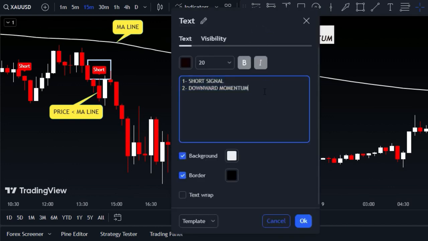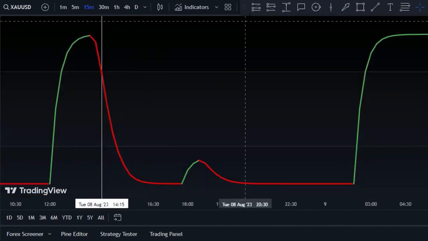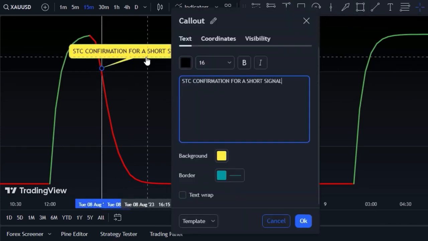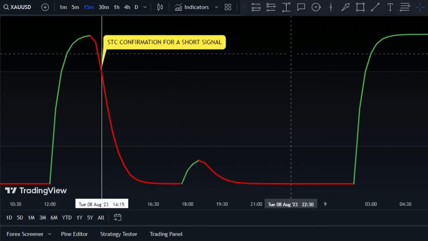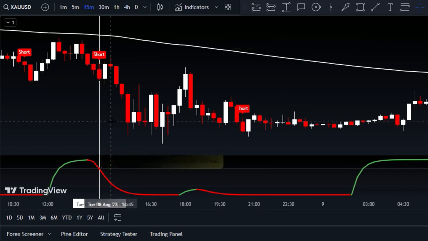In the third step, we need confirmation of the signal from the STC indicator. Now, once all these conditions come together, we can proceed to open a short position.